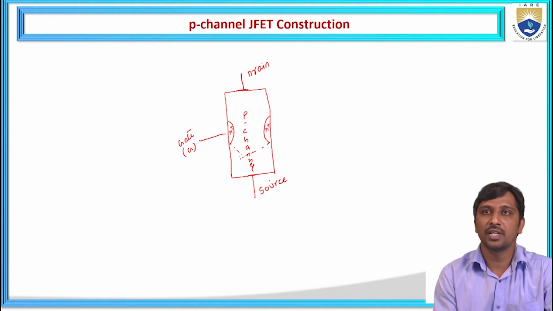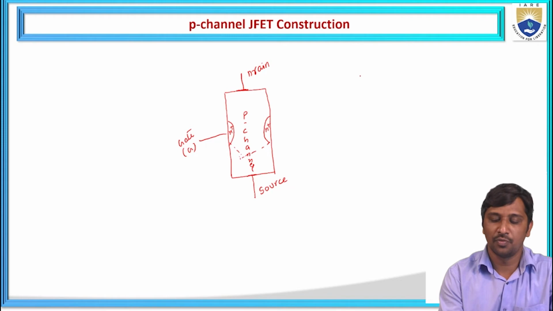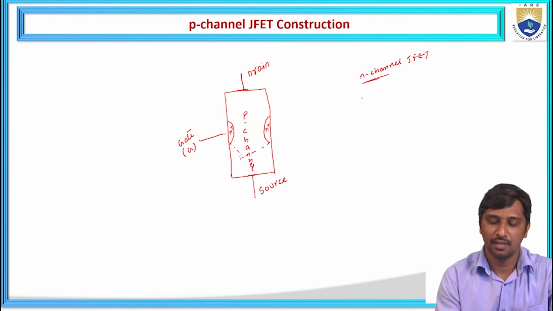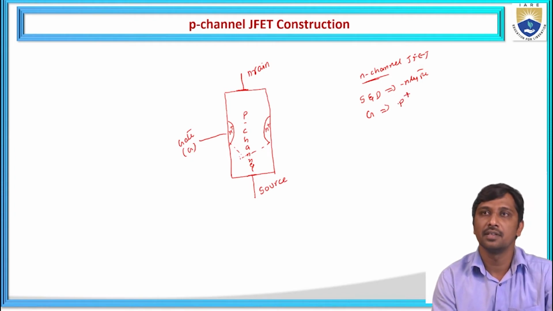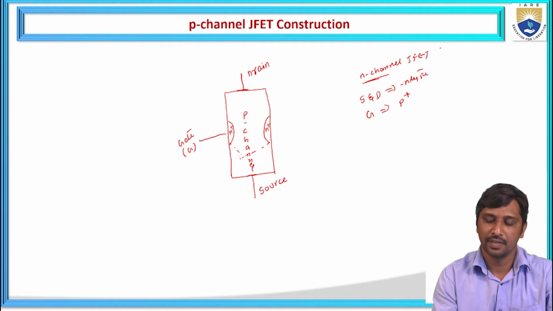And based on these two constructions, if you observe the N channel JFET, the source and the drain are made up of N type material, and the gate is made up of P type, but it is heavily doped compared with the source and drain.